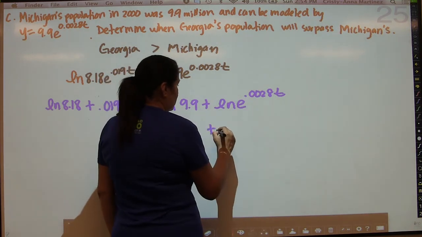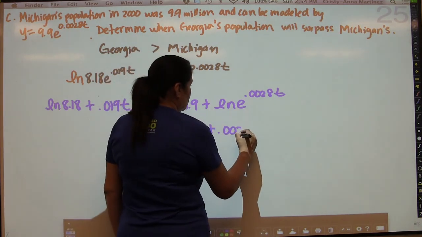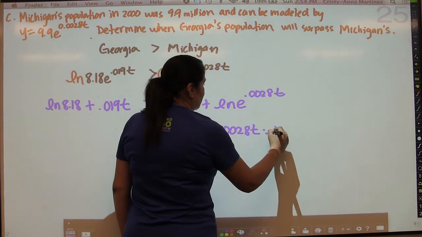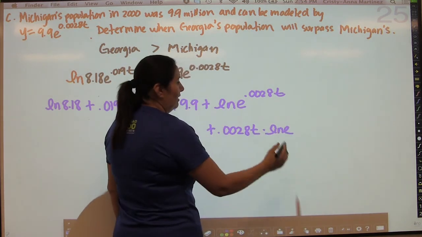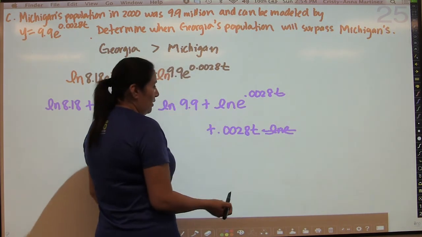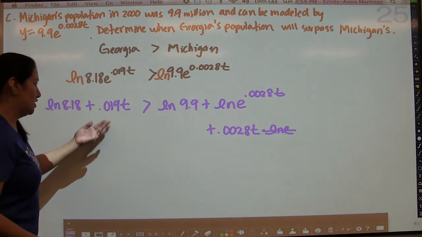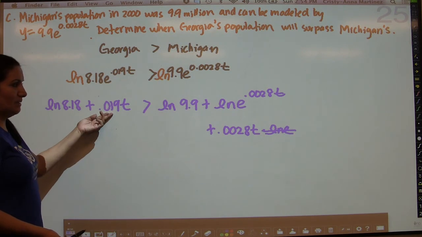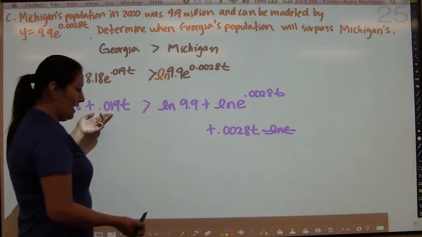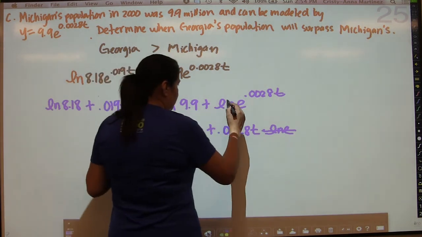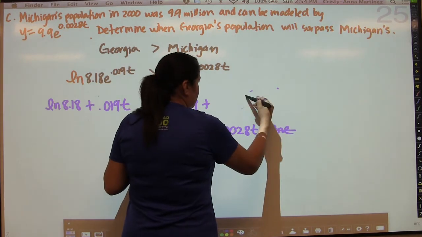So this is going to be plus 0.0028t times ln e. And again, the ln e is going to cancel, and all you're going to have is the 0.0028t, which is why on this side I just wrote 0.019t, because the same thing is going to happen on this side.